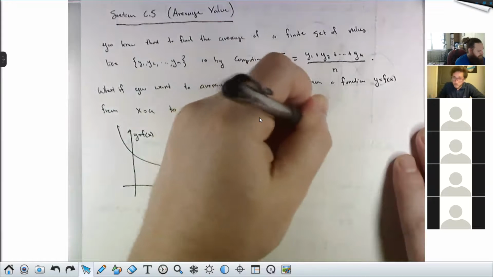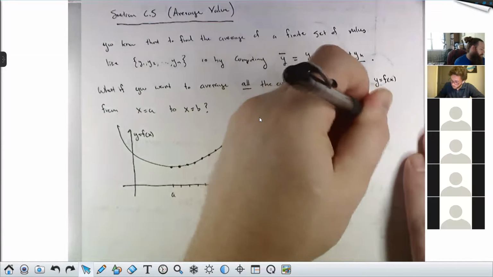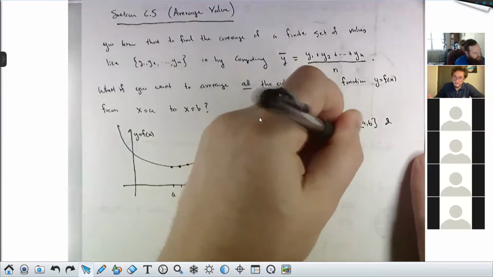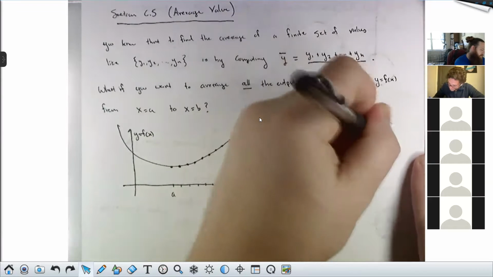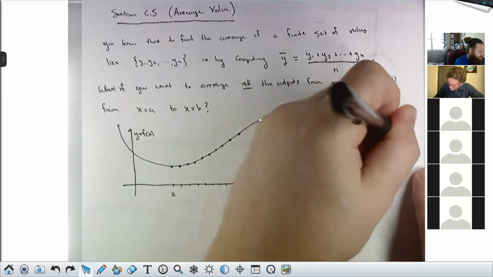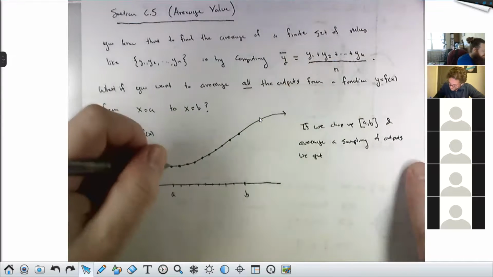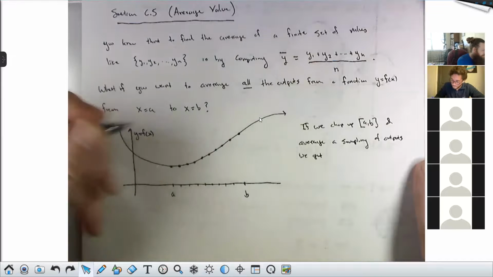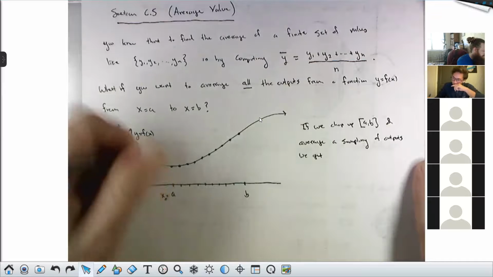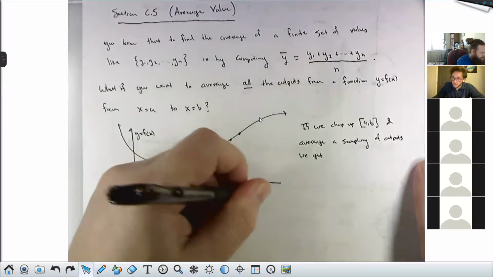So if we chop up the interval a, b, and average a sample of points, a sampling of outputs, we get, well, this point right here, the y value here would be f of a, and we call a x0, and then this would be x1 and x2, and I'll call b here xn.